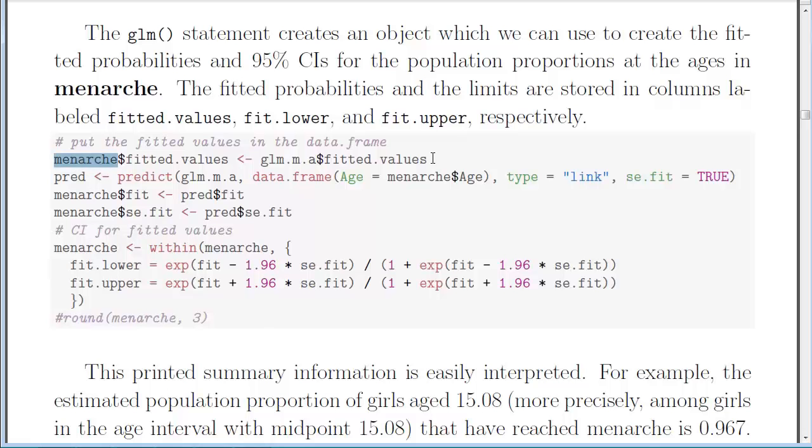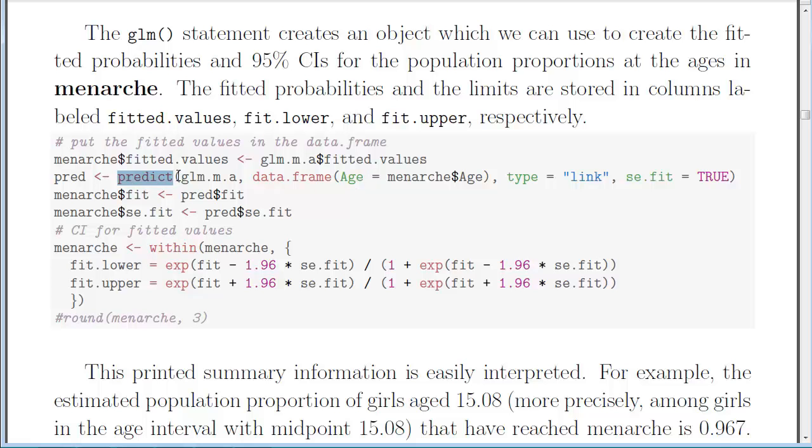For one, I'm going to add the fitted values. These fitted values are on the logistic scale, I believe. We'll see that in a moment. I'm also going to make predictions, which will show what the model thinks the values should be for each of the observed values of age.